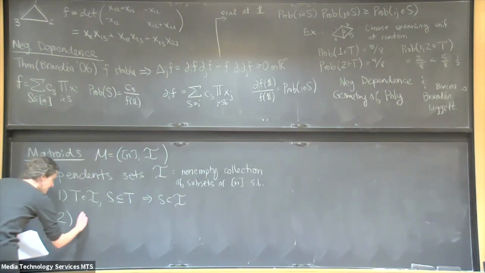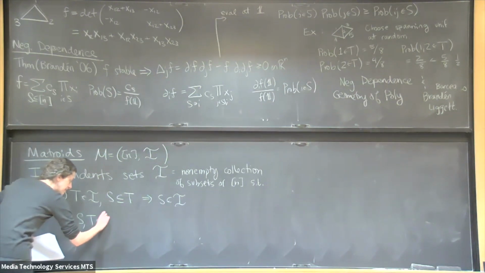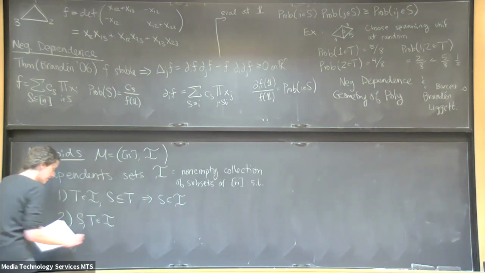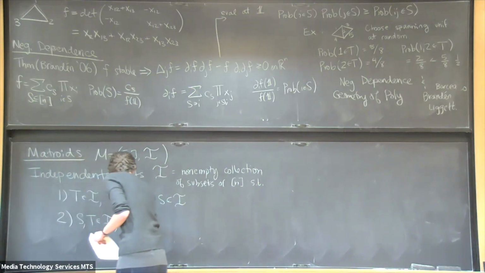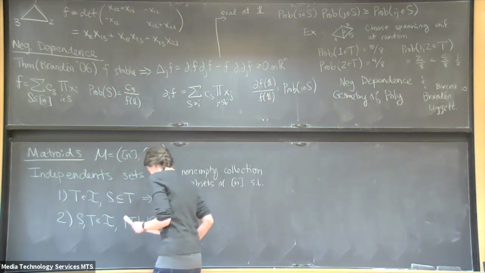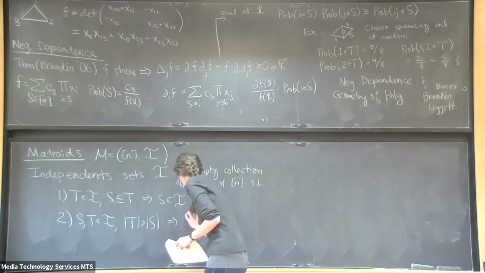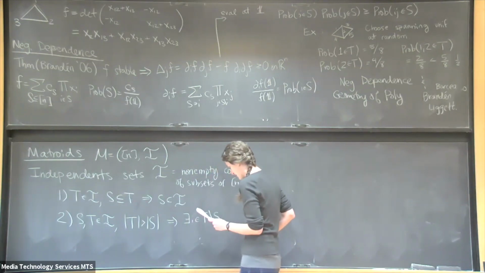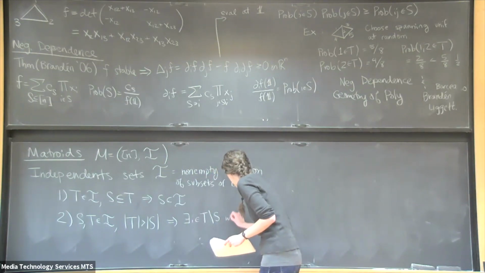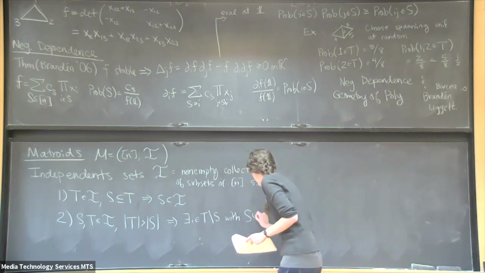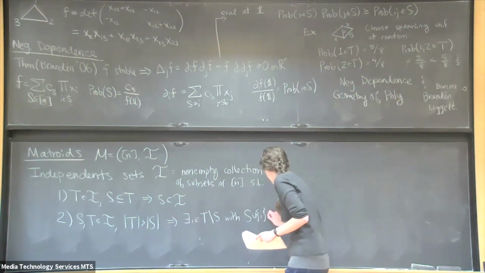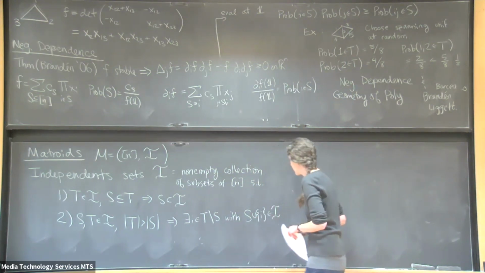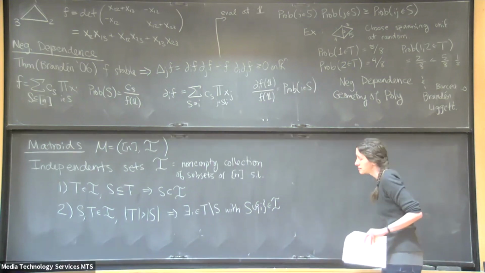And the second is if I have two sets that I'm calling independent, and one is bigger, so T is bigger than S, then I should be able to take some element of T that's not in S and add it to S so that I get something in my collection.